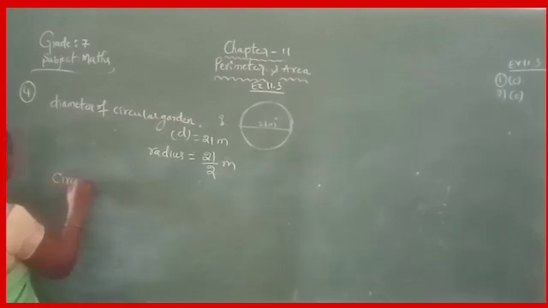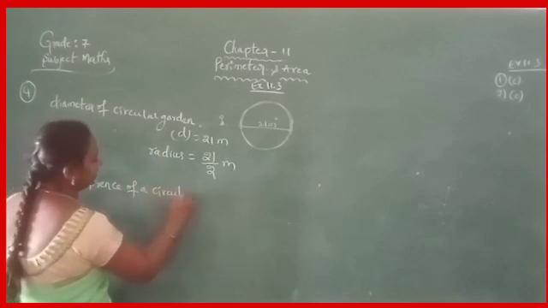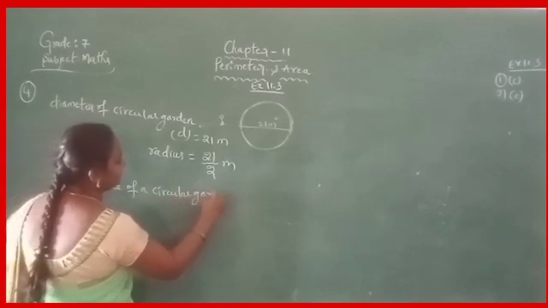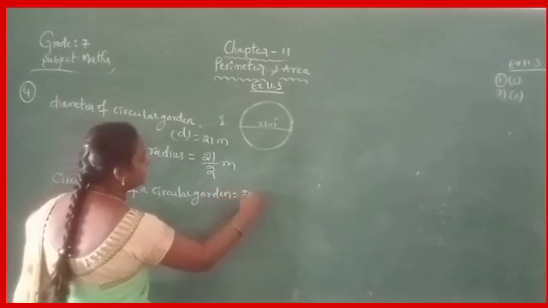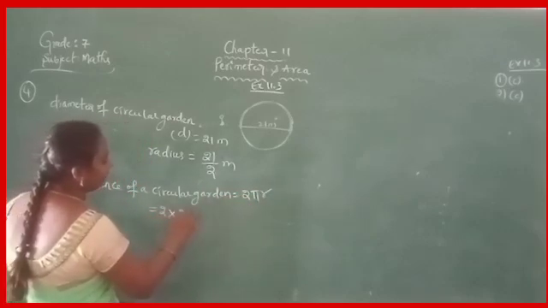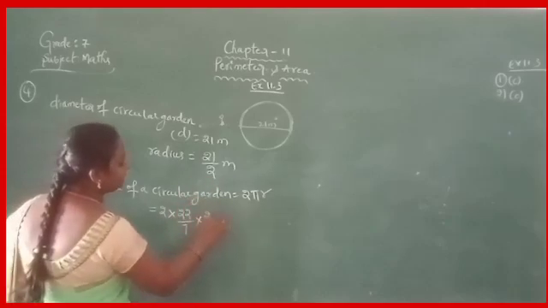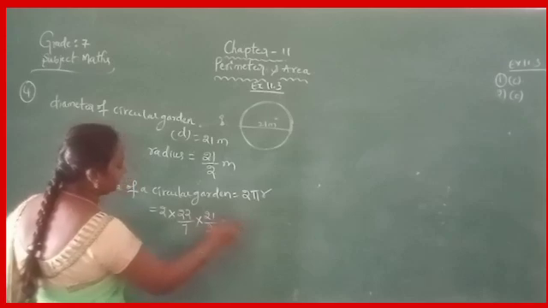Now the circumference of a circular garden is 2πr. Substitute: 2 into the pi value 22 by 7 and radius 21 by 2 meters.